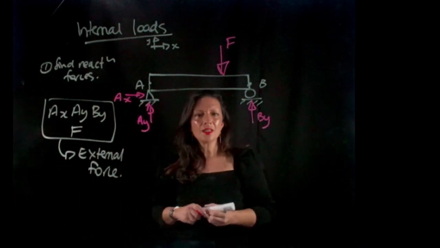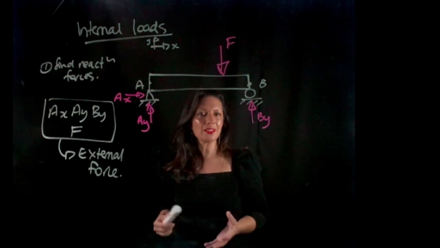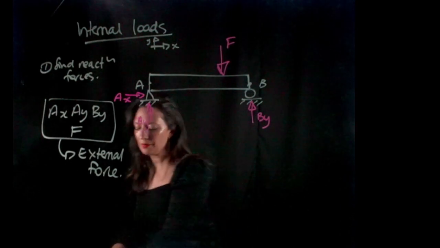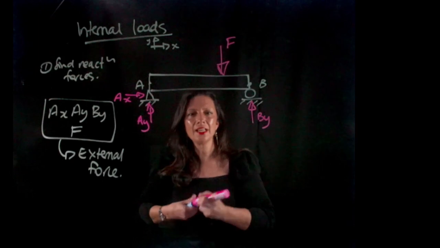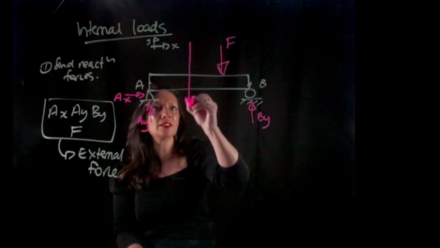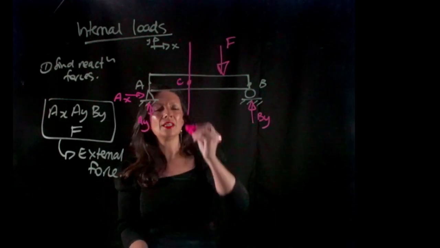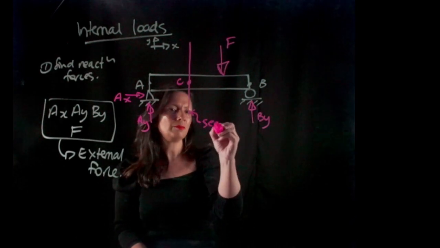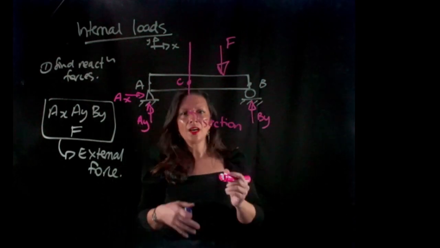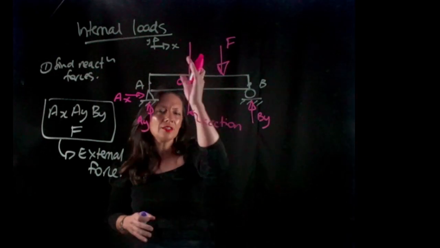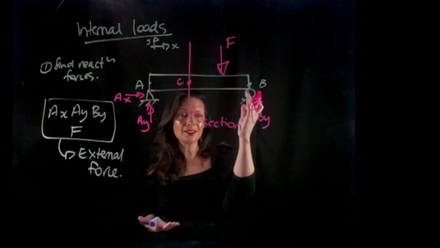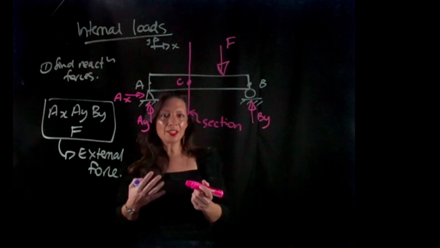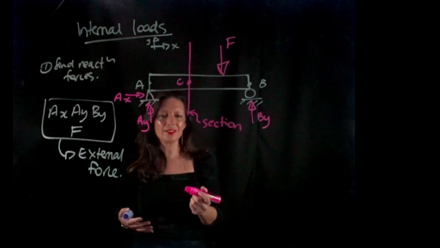So if I use method of sections that we did in structural analysis, I can cut this beam at a point, let's just call that C, and I'm taking a section. I'm now going to expose the two ends of this cut, and that's what we call our internal forces.